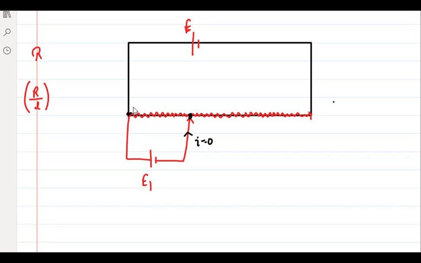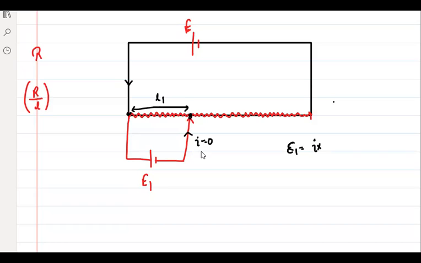So can I say, sir, suppose this neutral point is at distance L1, E1 should be equal to what? Current I, into this length, because current is not flowing in this.